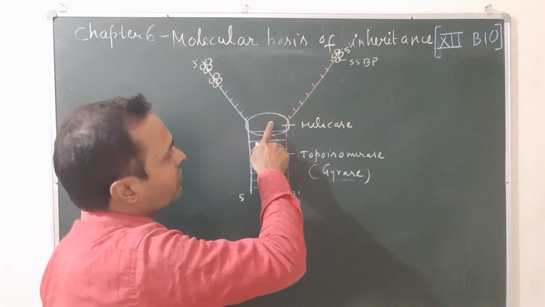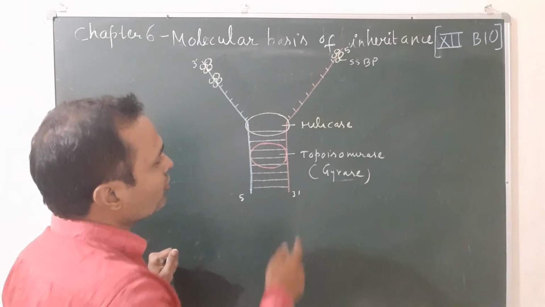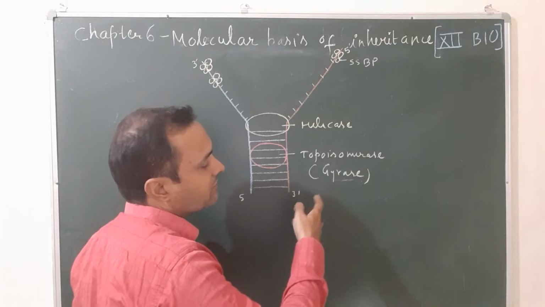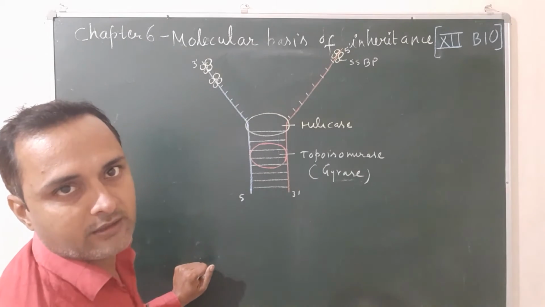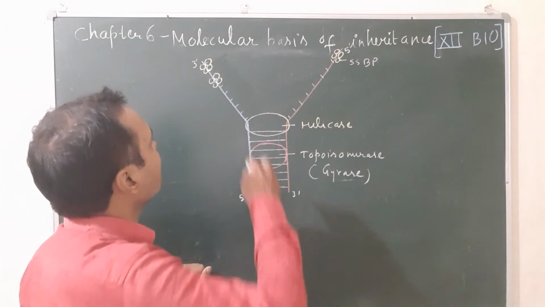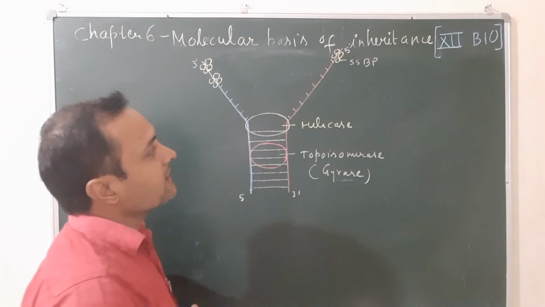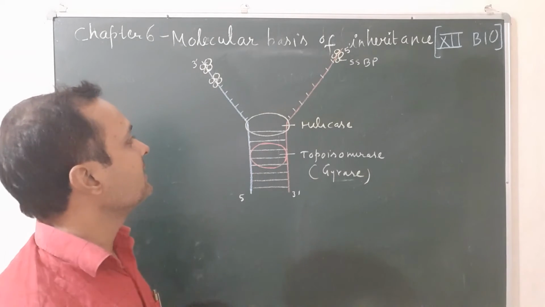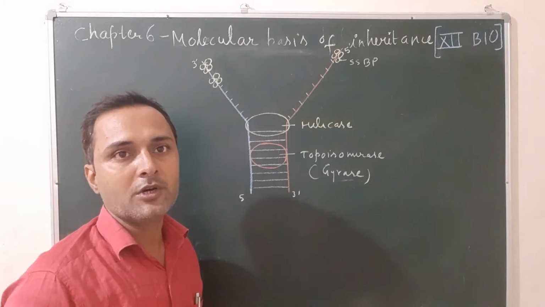Topoisomerase helps to reduce the torsion, or you can say it causes negative supercoiling. And single-stranded binding proteins help to stabilize the DNA molecule in the single-stranded form. This is step 1.